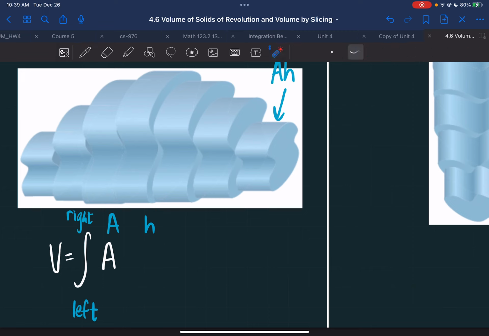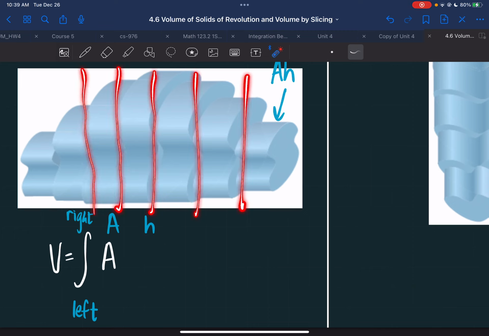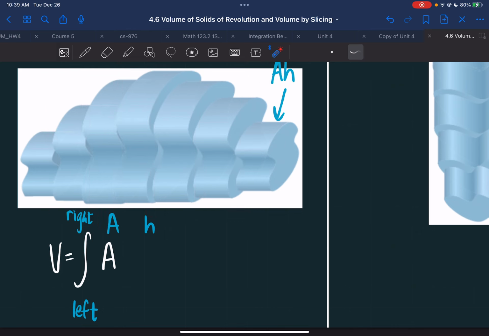Now let's look at what the height will be. Observe that we are slicing vertically, and so our height would be this one right here. This is your area and this is your height.